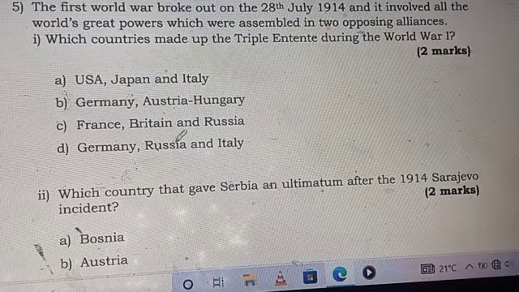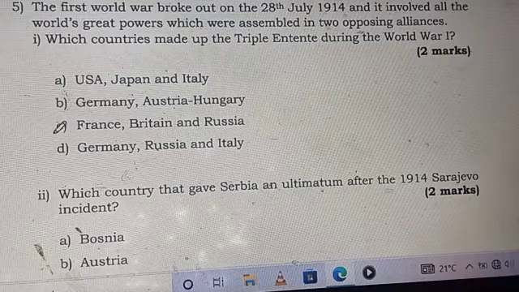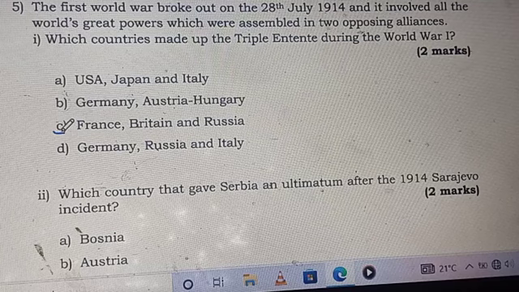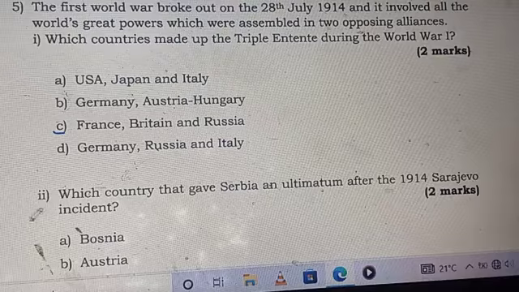The correct answer is letter C: France, Britain, and Russia. Those are countries from the Triple Entente before the First World War.